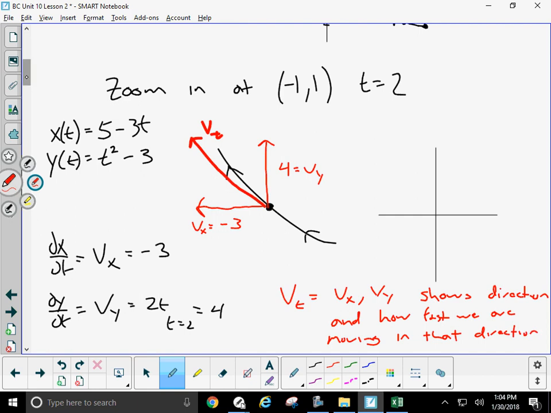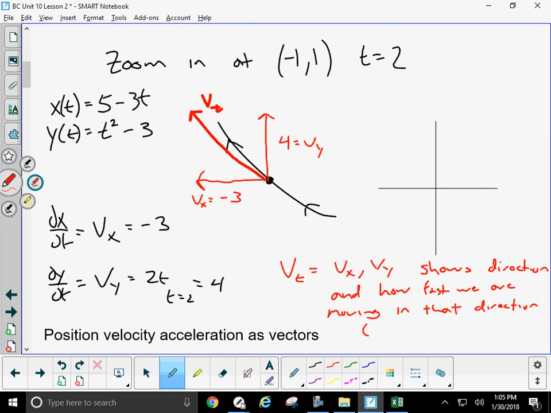And that would be the length. It's how fast we are moving in that direction.